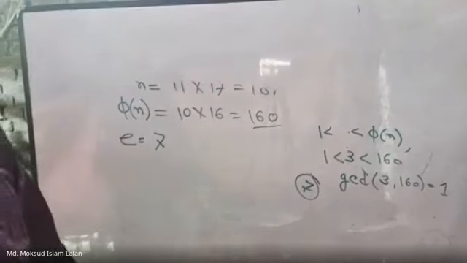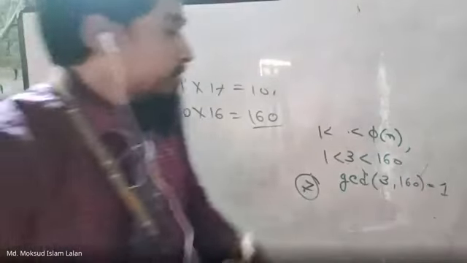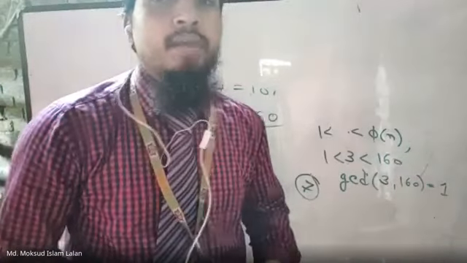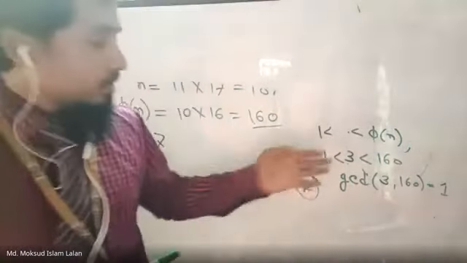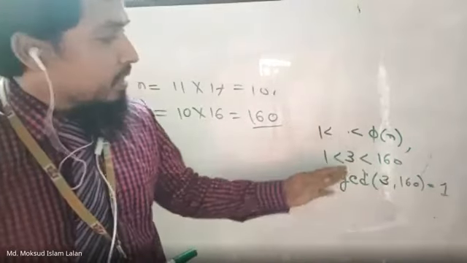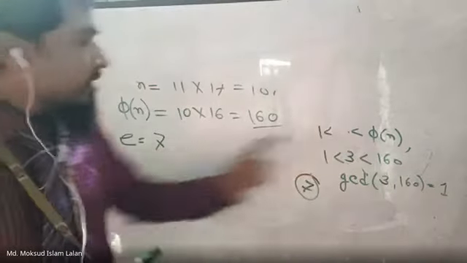Sir, I have a question. Can we take any number, where there will be a remainder, as the GCD? No, I'm not telling about the remainder here, Baijit. Please look and listen very carefully. To consider E, there are two conditions.